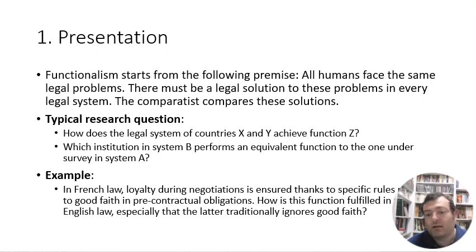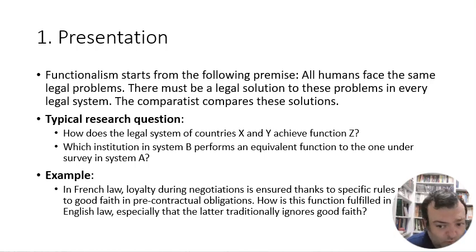Take French law, when it comes to pre-contractual negotiation, and I think you are certainly familiar with this notion. When people are negotiating before a contract, they must act in good faith. And if one of them is not loyal, in French law, especially after 2016, we now have written rules in the French Civil Code that tell us what should be done in case one negotiator was not loyal.